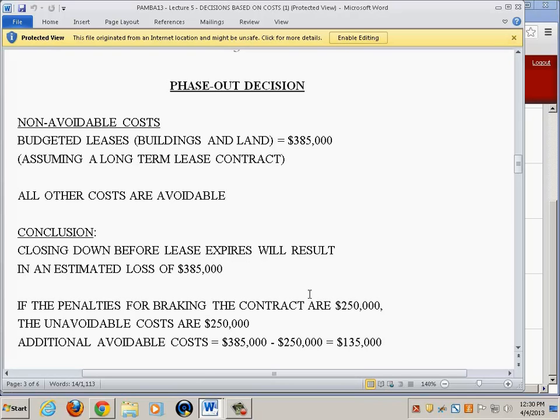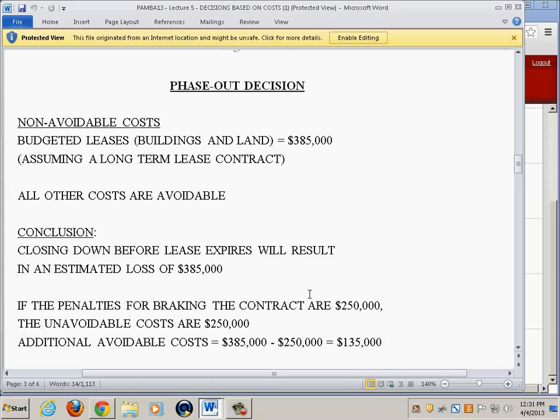Because you are bound by contract to pay the $385,000 until the end of the year. So it is an unavoidable cost, and therefore it's irrelevant to the type of decision that you're making, which is a decision of whether to phase out in 2013 or not.